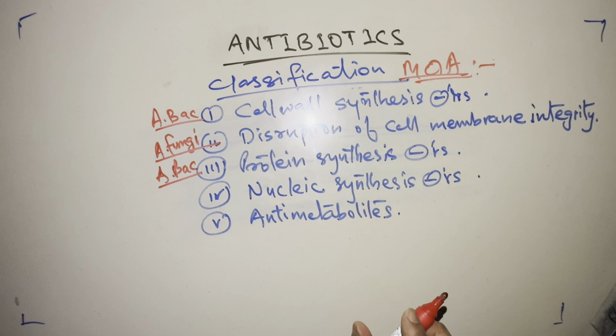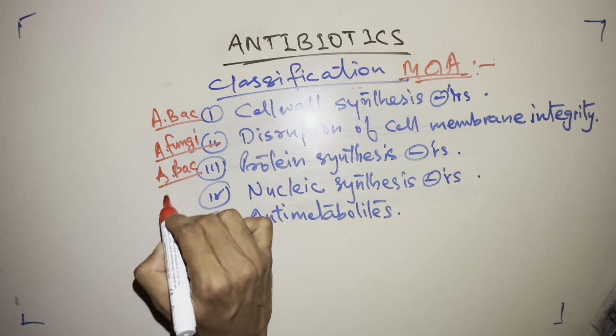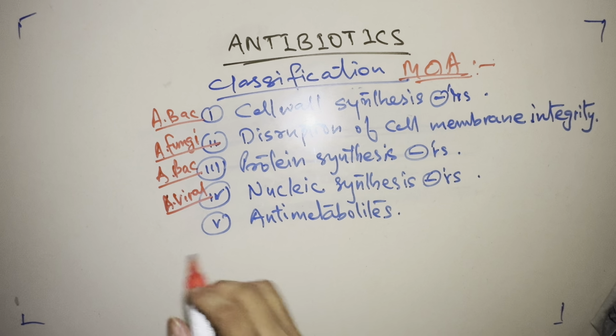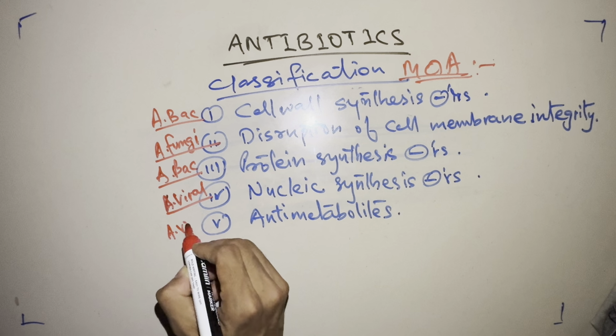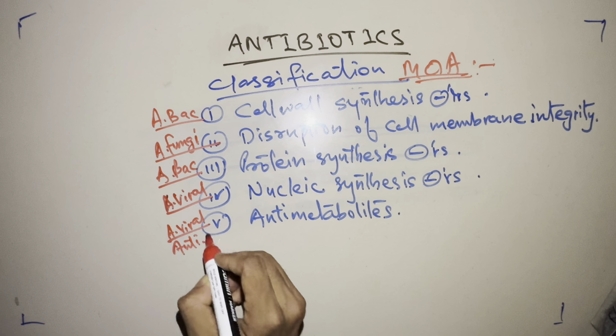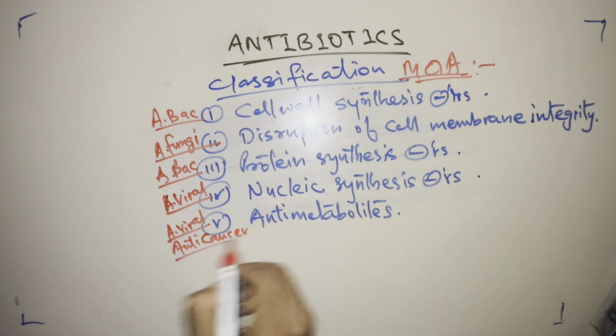Nucleic acid synthesis inhibition will be shown by antivirals. And antimetabolites will be shown by antivirals and also anti-cancer antibiotics.